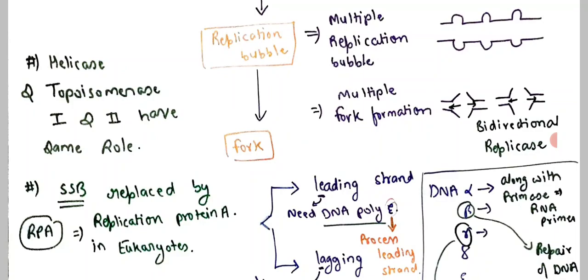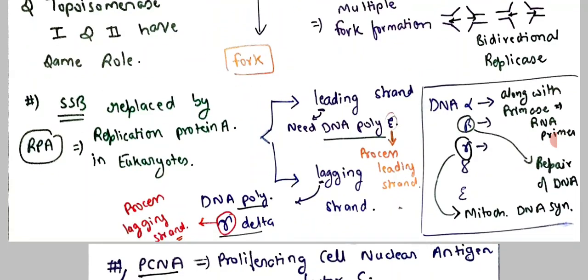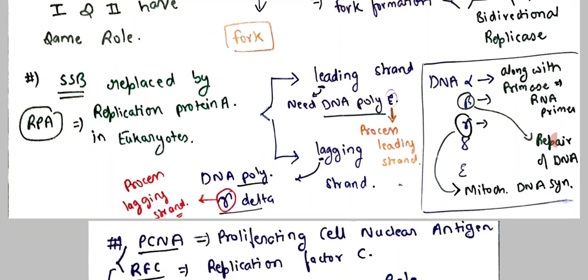What SSB played was to prevent the recoiling. Then the leading strand needs DNA polymerase eta, and the lagging strand is processed by DNA polymerase delta. Sorry, delta, I said gamma, that's my mistake.